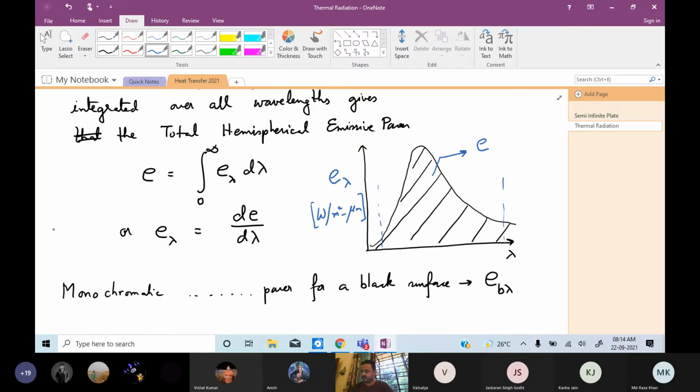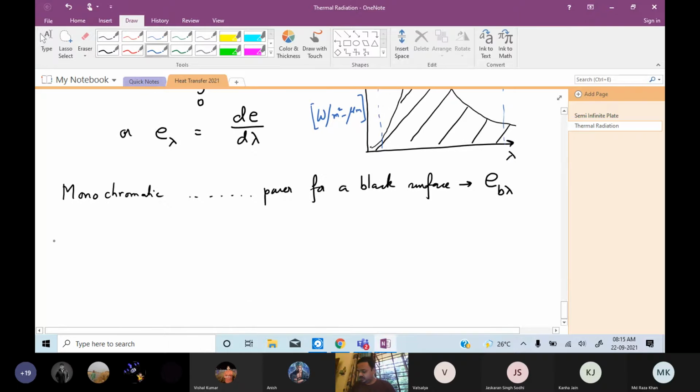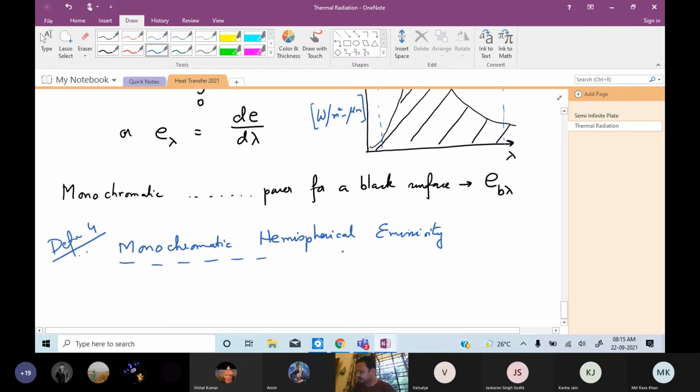Similar to definition 2, we will now write definition 4, which is called monochromatic hemispherical emissivity, denoted by epsilon lambda. What is the definition?